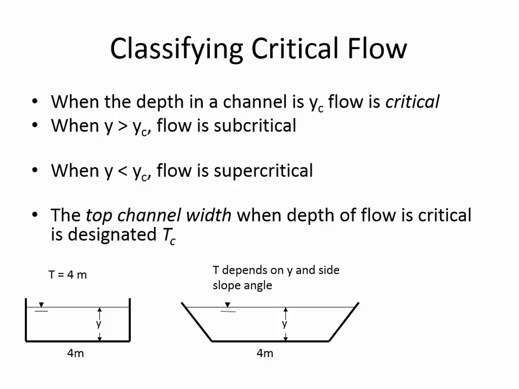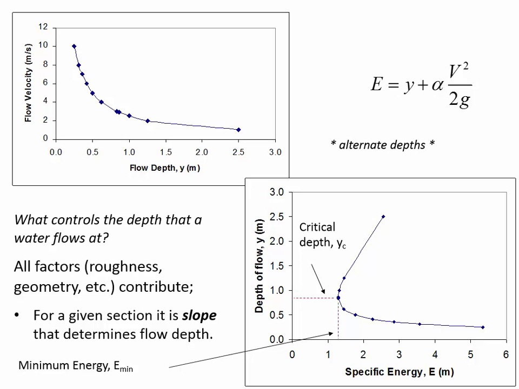So let's go back to the graph just briefly. If the water depth is 1.5, that's above the critical depth. Now this is a little counterintuitive, so this is like on the top 10 list of commonly made student mistakes. Any depth greater than the critical depth gives you subcritical flow.